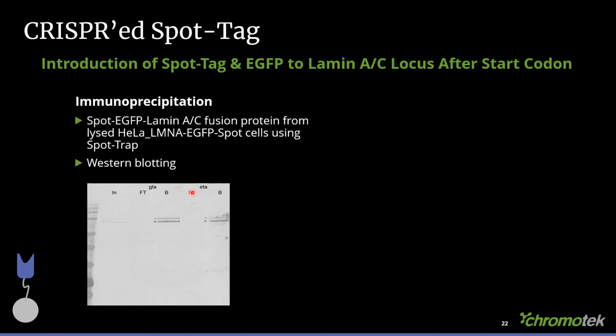a spot trap agarose, and as a comparison, GFP trap agarose. GFP trap agarose is an immunoprecipitation reagent that is also a nanobody against EGFP, and you can see there is no protein in the flow through, but there are 2 bound or immunoprecipitated bands for Lamin A and C in the bound fraction, based on the interaction of the nanobody of the GFP trap with GFP.